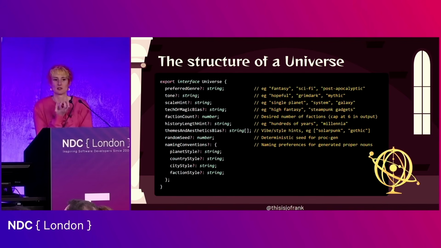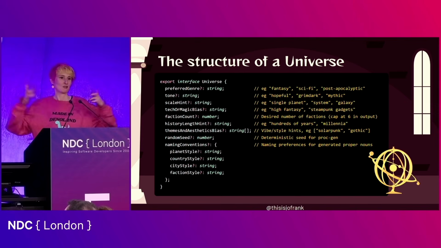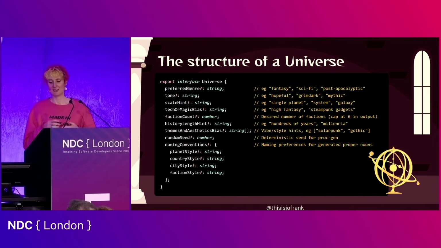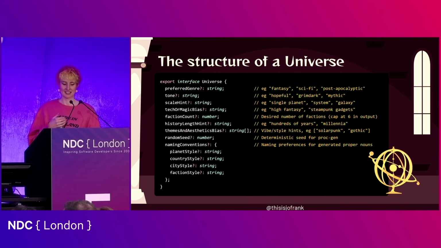Is it grimdark? Is it My Little Pony? How large is it? Do we have a tech or a magic bias? How many factions are there here? And so on and so forth. This is me trying to be as clear as I can in order to get the AI to give me worlds that actually make sense, that we can then build a story around.